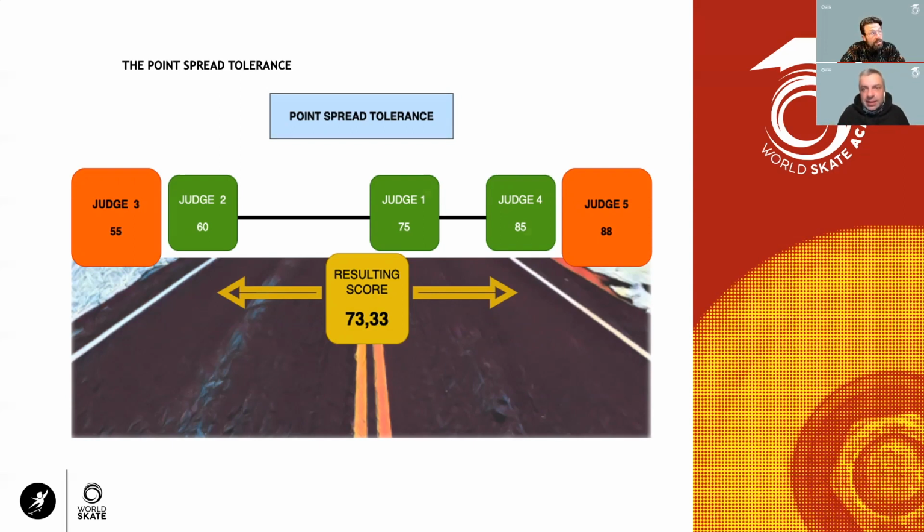It doesn't make sense. That's true. It's too big, 33 points. If this happens and the scores are entered but not yet validated, this is where the head judge intervenes and points out that there is a big problem.